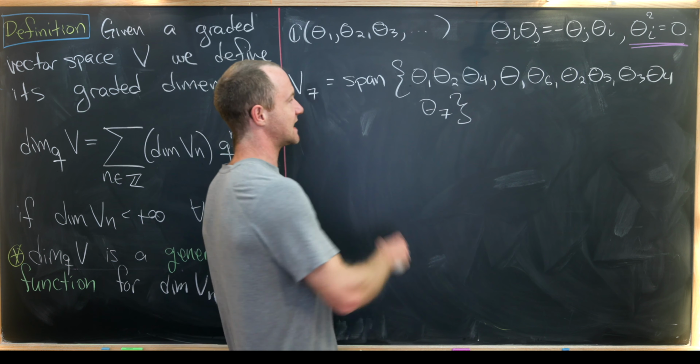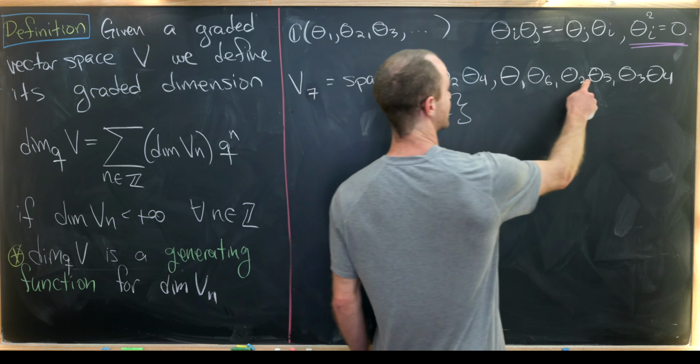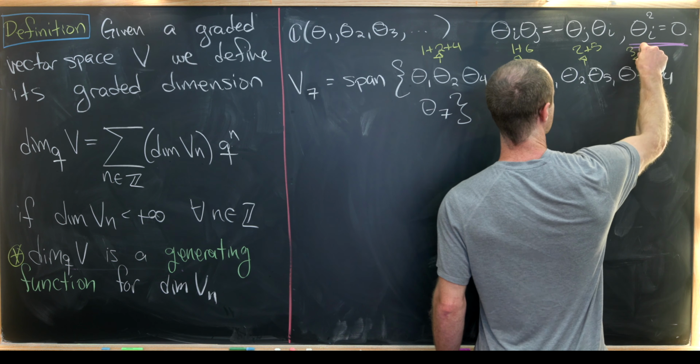So let's see, this has dimension 1, 2, 3, 4, 5 again, even though we have v sub 7 instead of v sub 4. And these, again, are related to partitions of 7. This guy right here would be the partition 1 plus 2 plus 4. This one would be 1 plus 6. This one would be 2 plus 5. This one would be 3 plus 4.